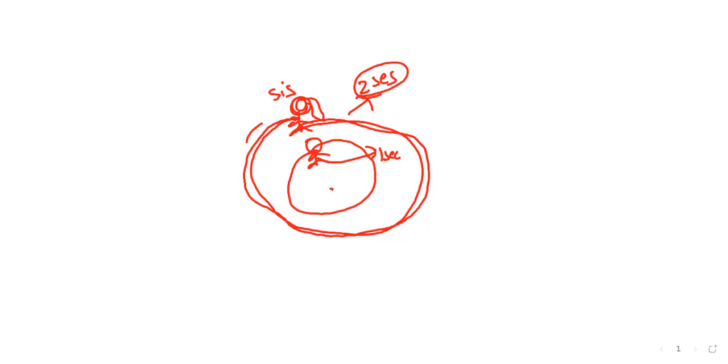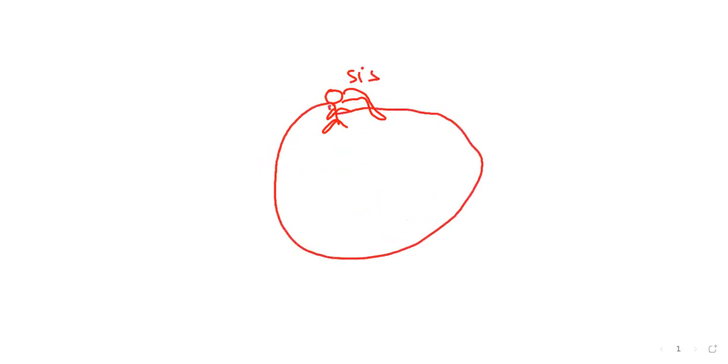Okay, let me give you another example. You're saying that you are closer, right? Now let me go with another example. Again, this is your sister, and she is at a distance of let's say 10 meters. Okay, and this is you, and I'm really very sorry for drawing these things not with perfection.